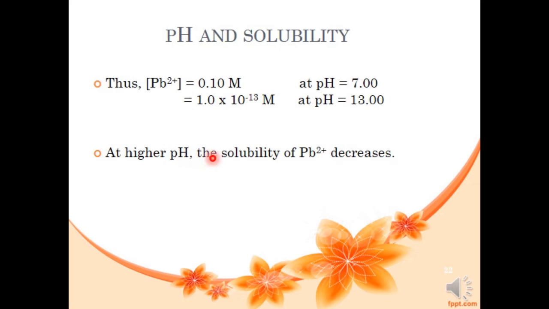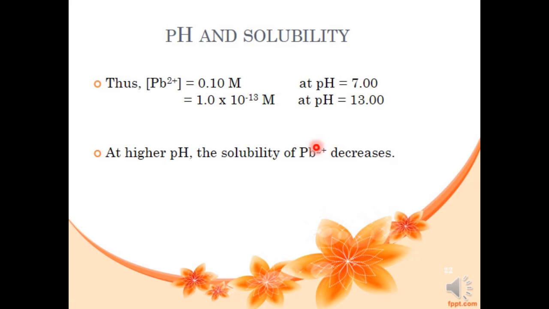Because the solubility of lead decreases, and nowadays in our homes we have water filtration systems, the water will be filtered first before you drink, so it will filter off any solid salt, for example lead, which is harmful for us.